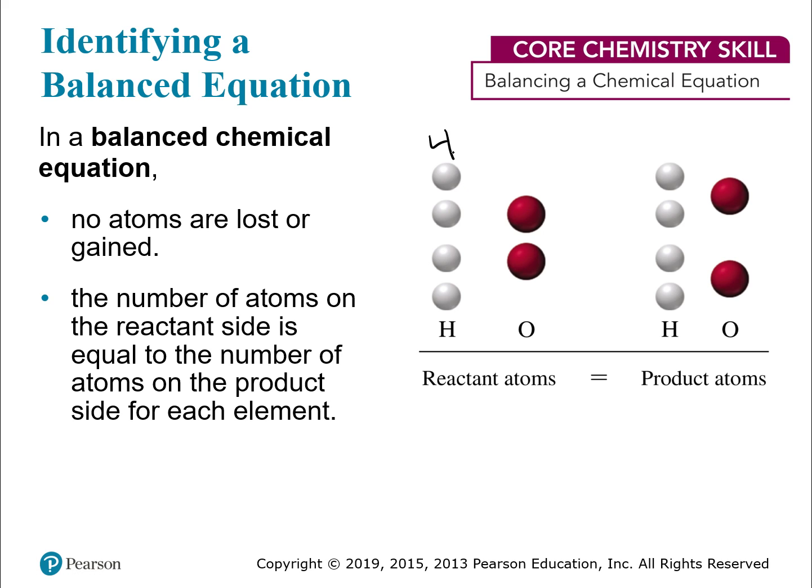In this picture, we've got 4 hydrogen atoms and 2 oxygen atoms on the reactant side. We've got the same number on the product side. That's a balanced equation. So the goal when we balance equations is to make sure that when we tally everything up, we've got the same number of atoms on the reactant side as we do on the product side for each element.